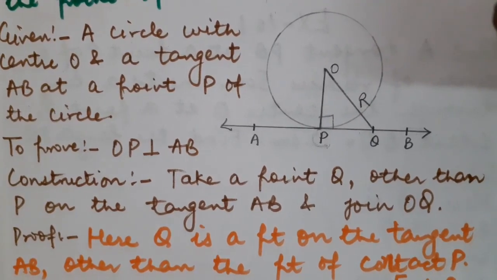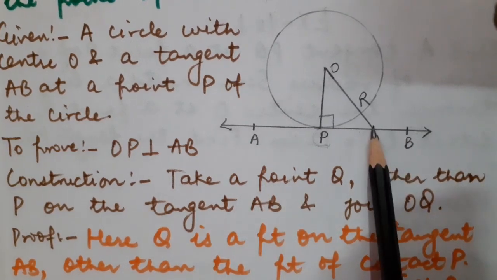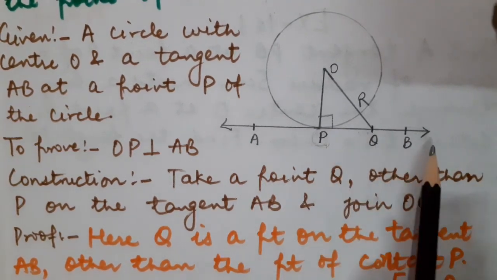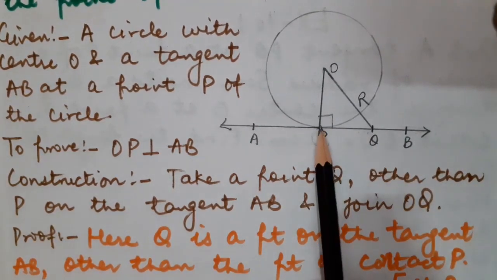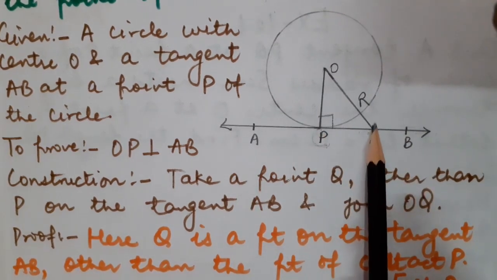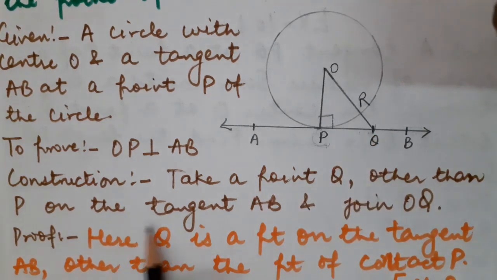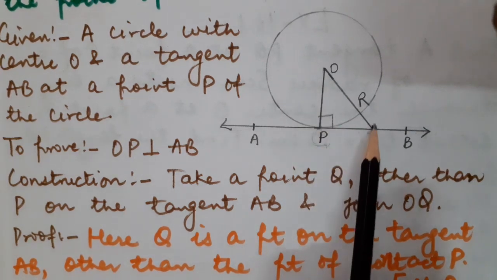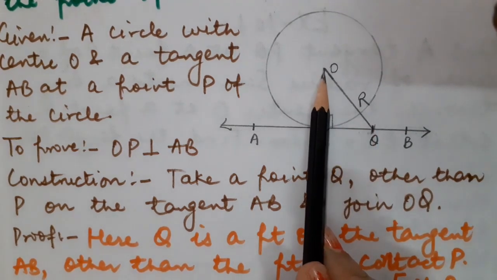One construction I have done to prove this theorem. Take a point Q. Here I have taken a point Q other than P. One point was there, P, on the line AB. One more point I have taken other than P, that is point Q, on the tangent AB, and then I am going to join this point Q to the center point.